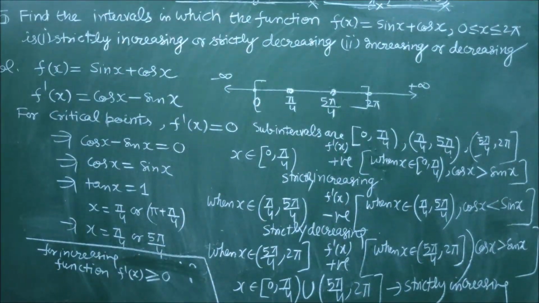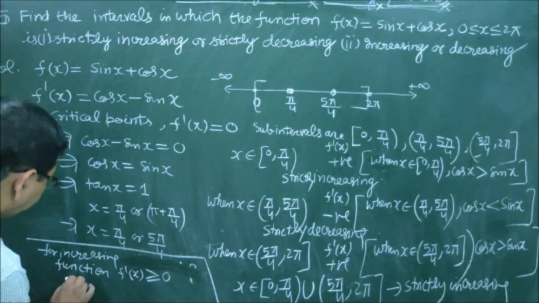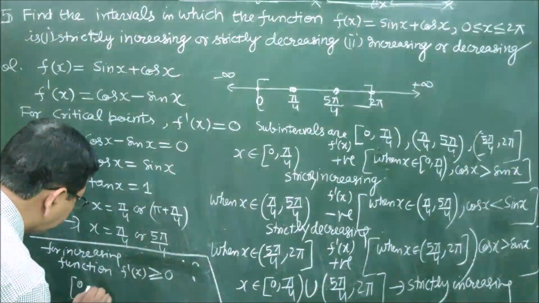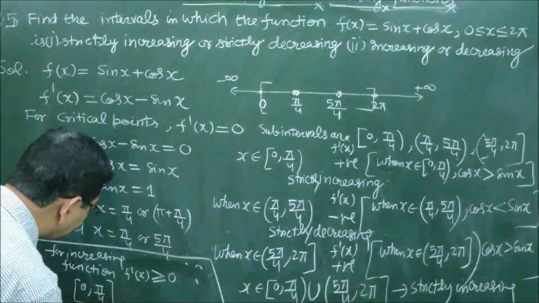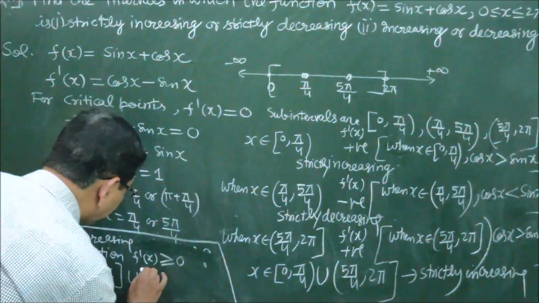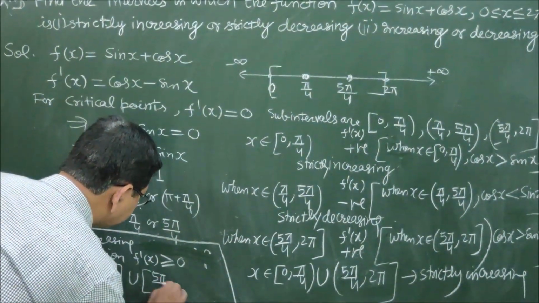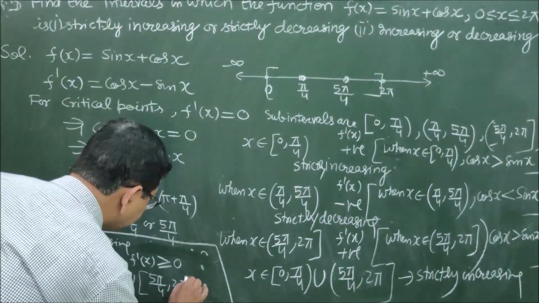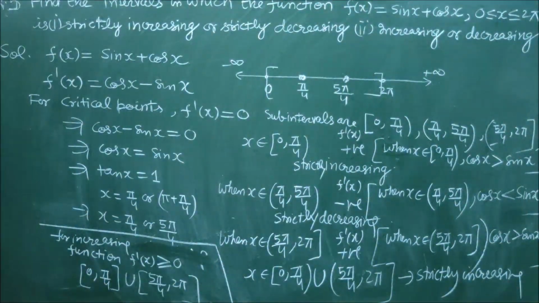So for increasing function, the interval will be from 0 to pi by 4 closed interval union 5 pi by 4 to 2 pi closed interval for increasing function.